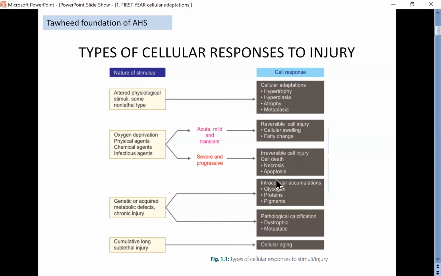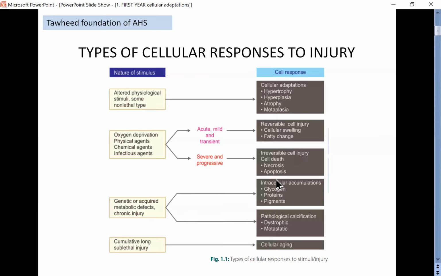And we have intracellular accumulations. Intra means within, so there will be some accumulations inside the cell. For example, there are constituents of the cell, like your water content. 80% of the cell is made up of water.